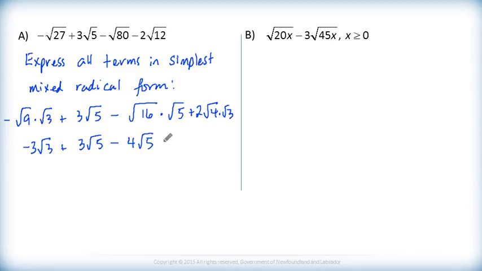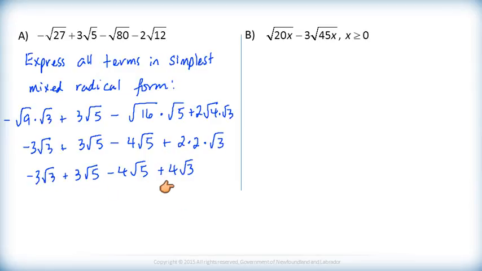This last one, I really have 2 times square root of 4 is 2 times root 3. So for that last term, I really have a 4 root 3. My like radicals now are a little bit more visible. Negative 3 root 3 plus 4 root 3, they get added.